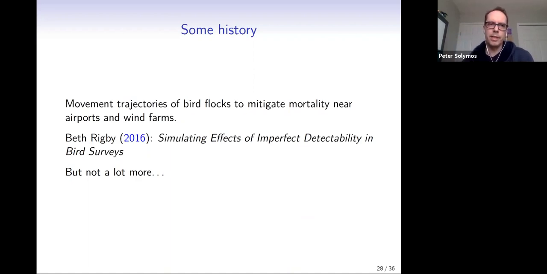In the past, I couldn't find a lot of things like this. Either it was movement trajectories to mitigate mortality near airports and wind farms, or Beth Rigby had a PhD thesis in 2016 simulating the effects. It comes with a bunch of R code that's slightly different from what I had in mind. So I wrote my own.